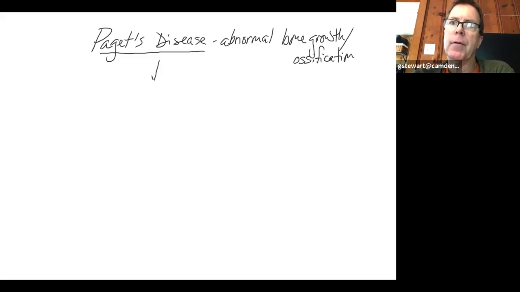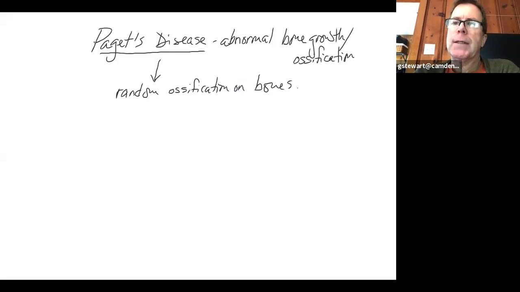And so I'm just going to write random ossification. That's supposed to say on. So it doesn't sound like it would be that terrible of a thing, but it's not compact bone that typically grows.